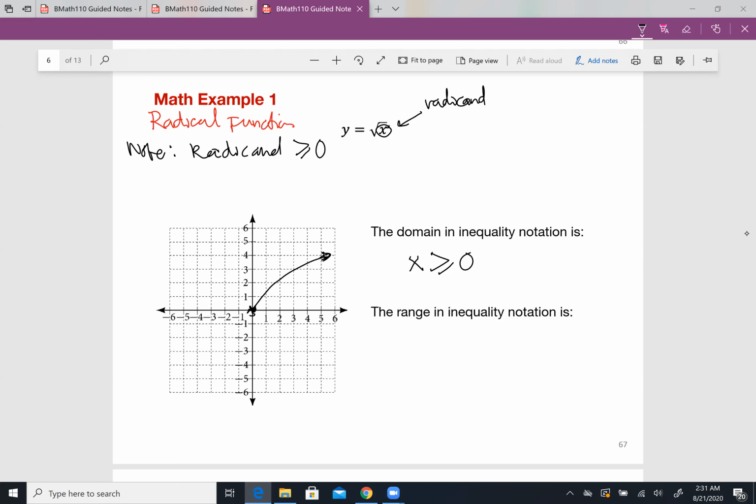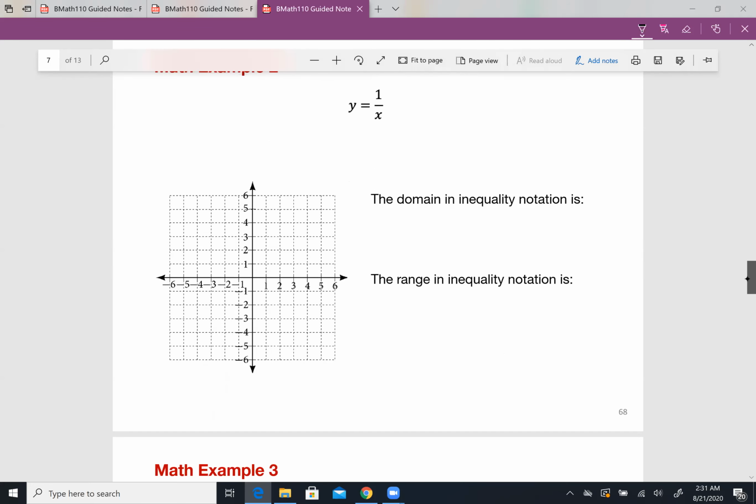It could be going up a little bit slowly, but it just keeps going up. You should know that. So I'm going to say y has to be greater than or equal to 0. And can it be less than 0? No way.